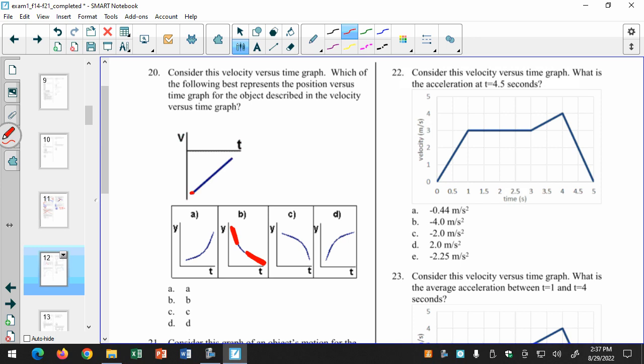See, big negative slope is like minus 5 or whatever. Small negative slope, minus 1. My slope here is minus 5. My slope here is minus 1. The value in the v versus t translates to the size of the slope, or the magnitude of the slope in the y versus t, or position versus time.